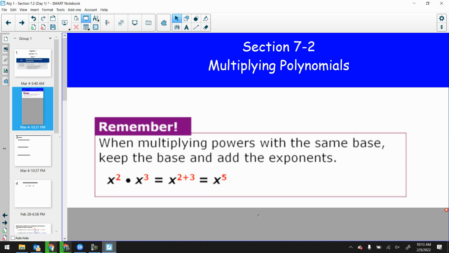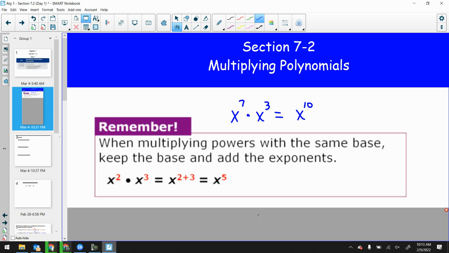X to the second times x to the third would be x to the fifth. Another example: x to the seventh times x to the third would obviously be x to the 10th, right? When I am multiplying with bases, I add exponents. We've learned that. That was back in section 6.1.